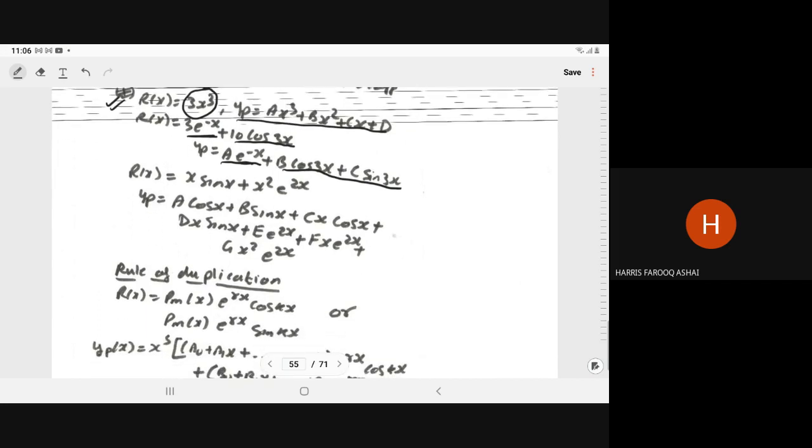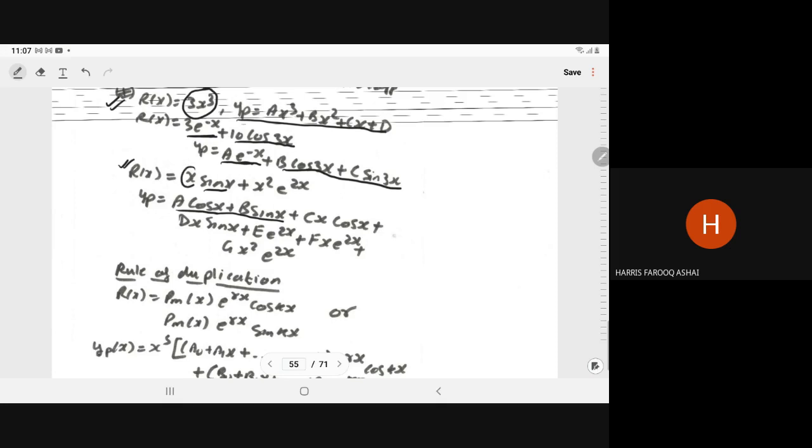By chance, R(x) is of type x sin x, meaning multiplication of a trigonometric function and a polynomial, plus x square e to power 2x, multiplication of a polynomial and an exponential. Corresponding to sin x, we know that we have A cos x plus B sin x.